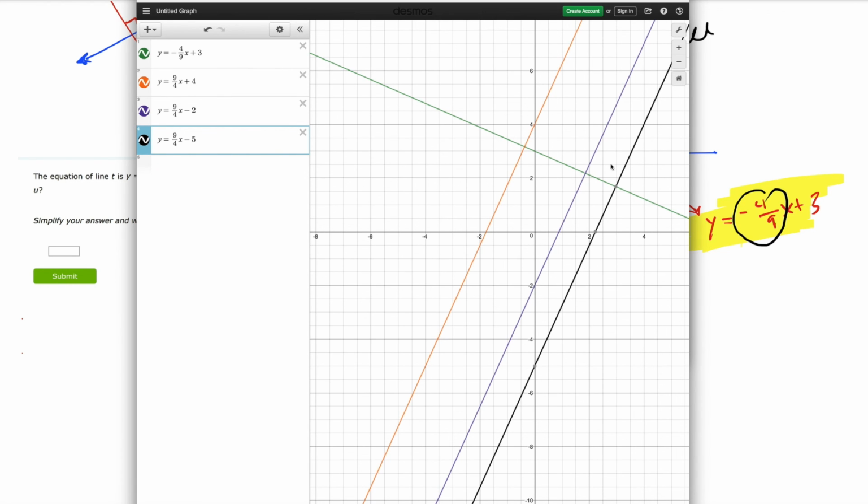But in every scenario, the new line that I drew is perpendicular to the green line, because the black line, the purple line, and the orange line have a slope of what? Yeah, it's just 9/4. So they're parallel to each other because they have the same slope, but they're perpendicular to this one because it's the negative reciprocal slope.